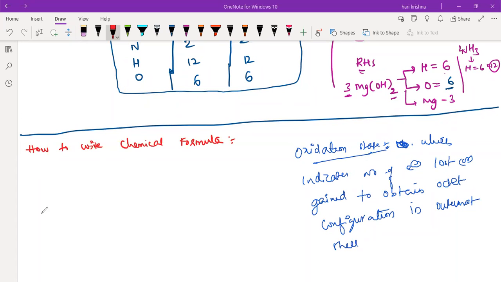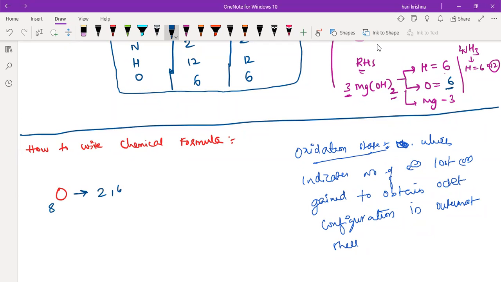Suppose if you take oxygen, what is the atomic number of oxygen? 8, sir. Electronic configuration 2, 6.